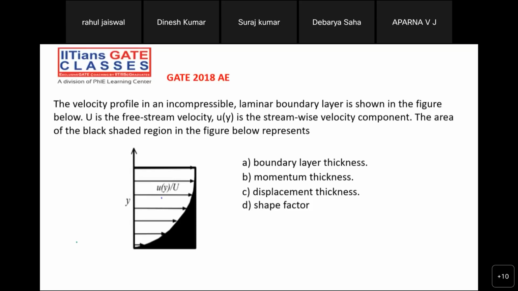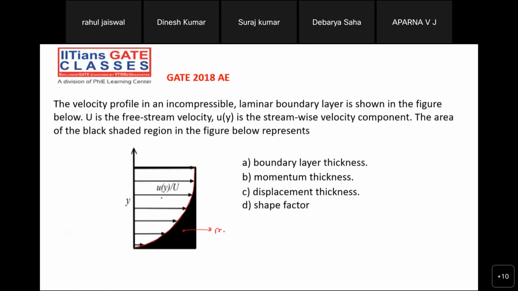Here they have given the velocity profile, that is laminar, incompressible, and U is nothing but the free stream velocity. They are asking what is the black colored area which is shaded over here. Because of the boundary layer formation, this will be the velocity profile, but they are asking what it is.